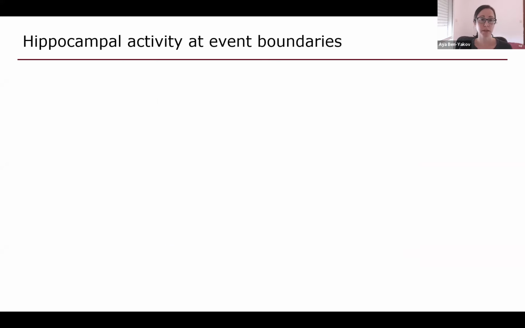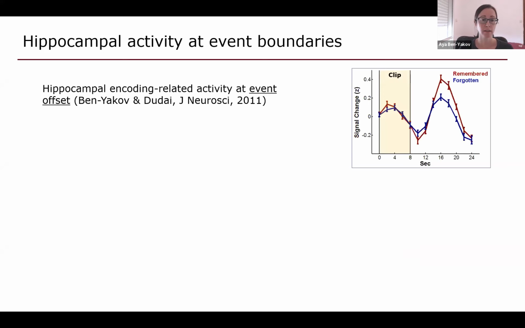I'll very briefly mention the main finding that caused us to suggest a different approach. It's a finding from quite a while back now: when we encode continuous experience to memory, in this case when people were encoding movie clips, we see that the hippocampus, the main region of episodic encoding, waits until the end of the event before responding.